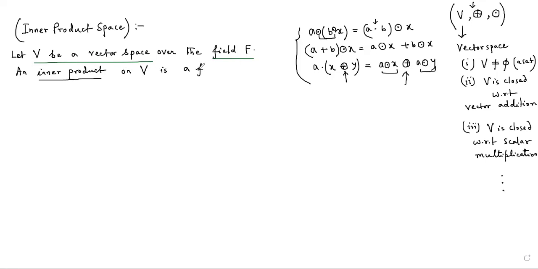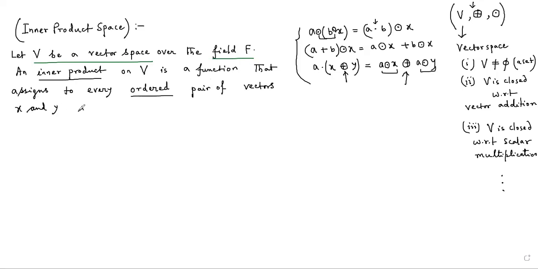It is actually a function that assigns to every ordered pair of vectors X and Y in V a scalar quantity in F.